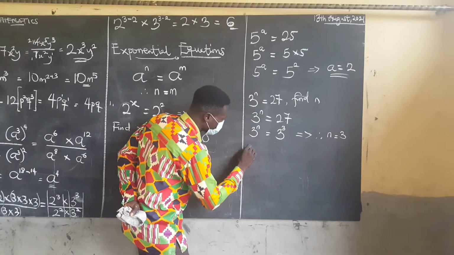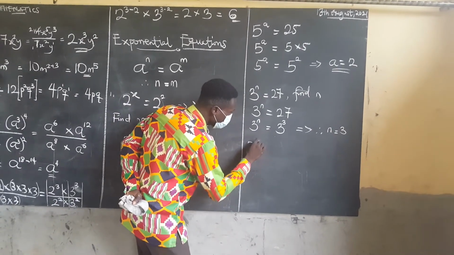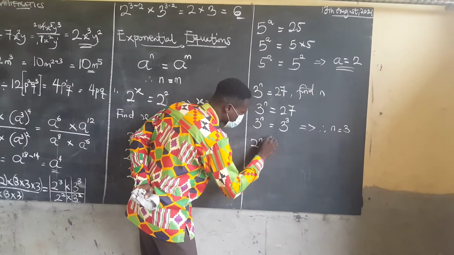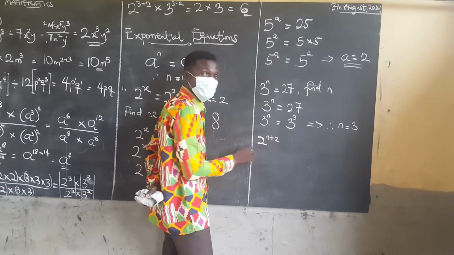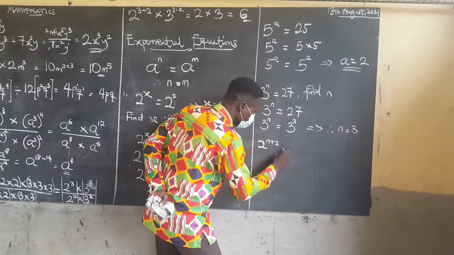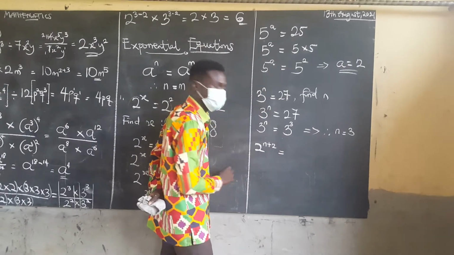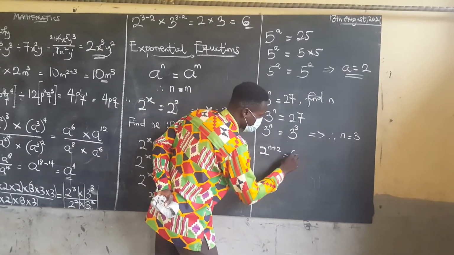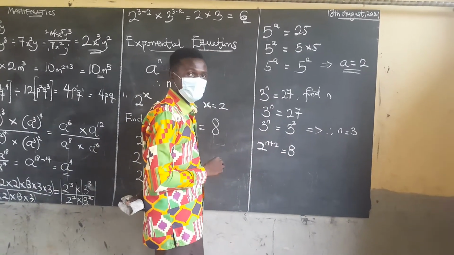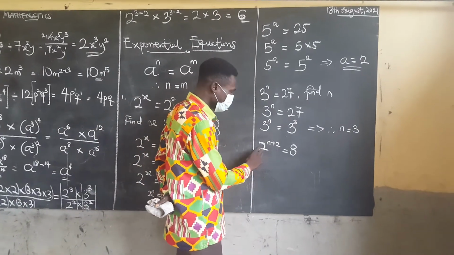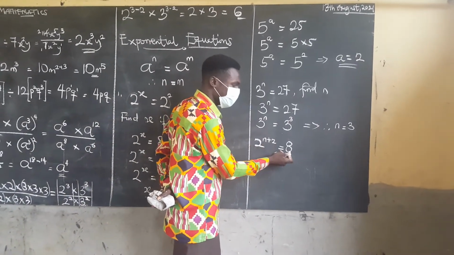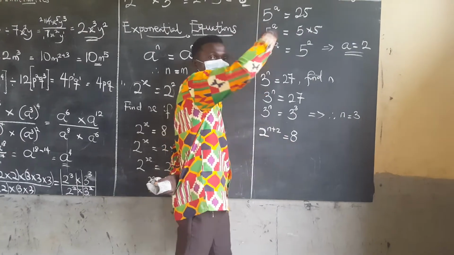We have 2 raised to the power n plus 2. This is equal to 8. This is the 2 that is having the power. So let this 8 also look like 2 raised to the power.